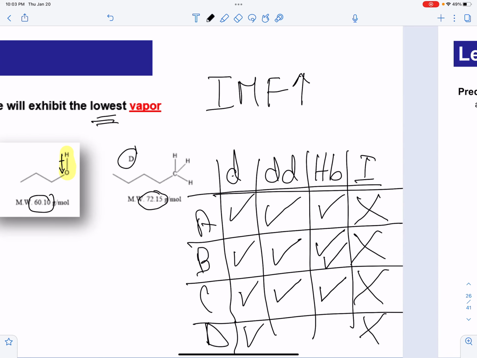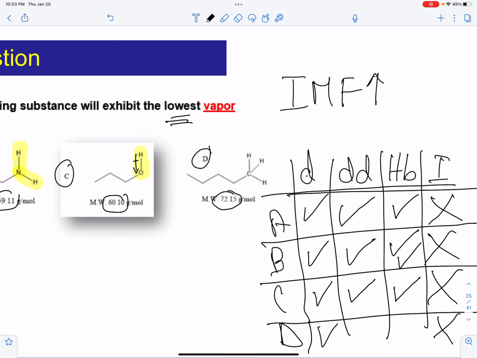What about D? D has no polarity anywhere, so dispersion only. So D would be the one with the highest vapor pressure because more molecules can escape. So that's not our answer.